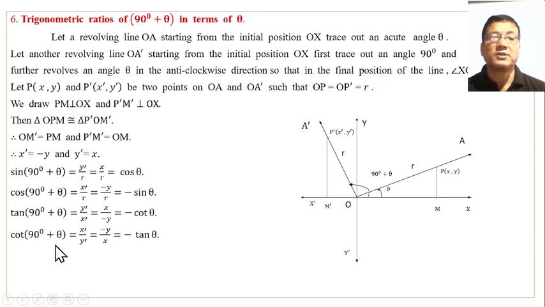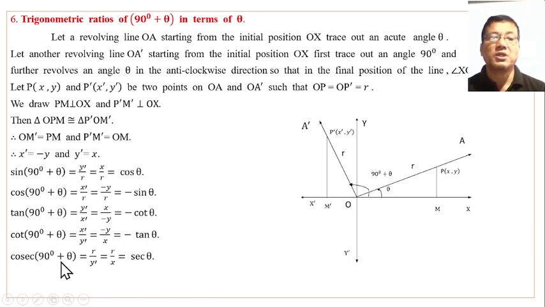Cot of 90 plus theta: the base OM, x dash by y dash, which is minus y by x, so cot of 90 degree plus theta is minus tan theta.